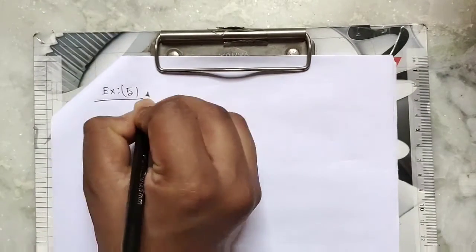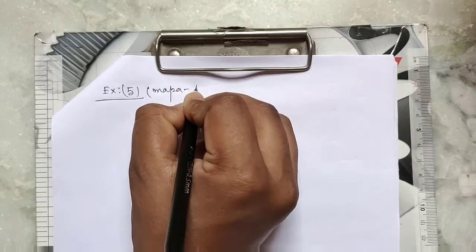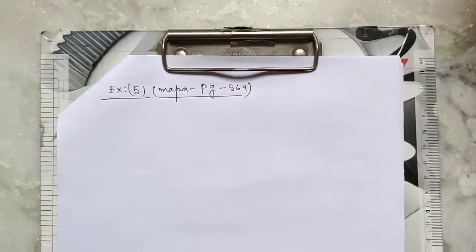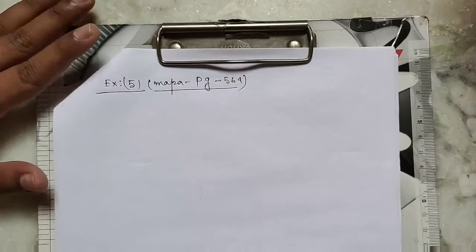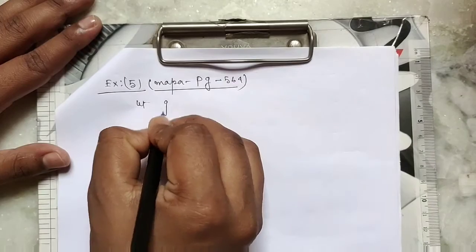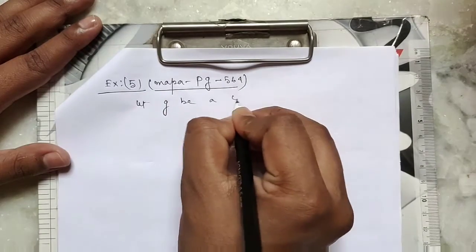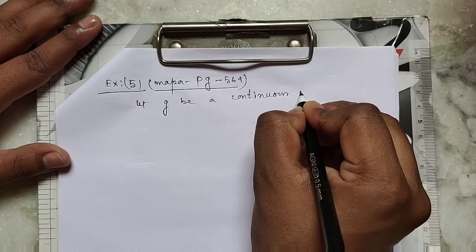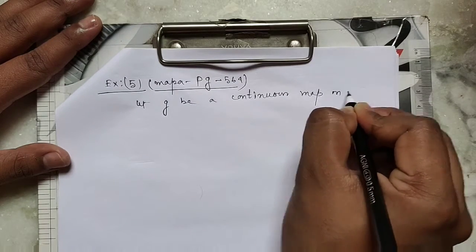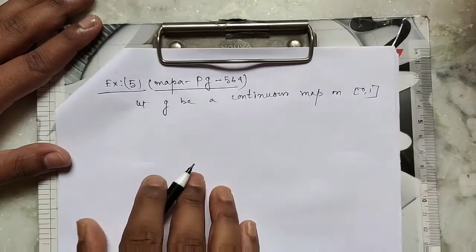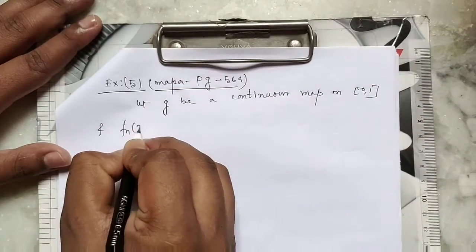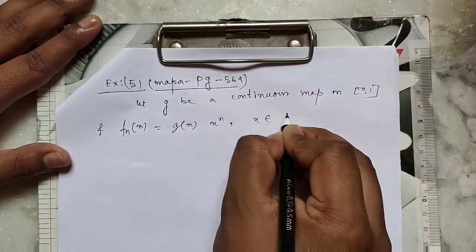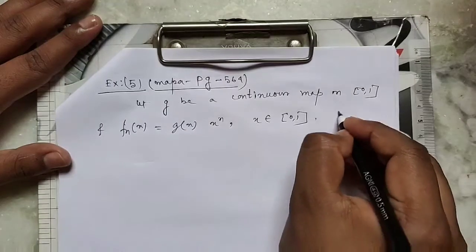Now example 5, from the old book, page 564. So now we write the problem. Let g be a continuous map on [0,1], and fn(x) is defined by g(x) times x to the power n, x belonging to [0,1].